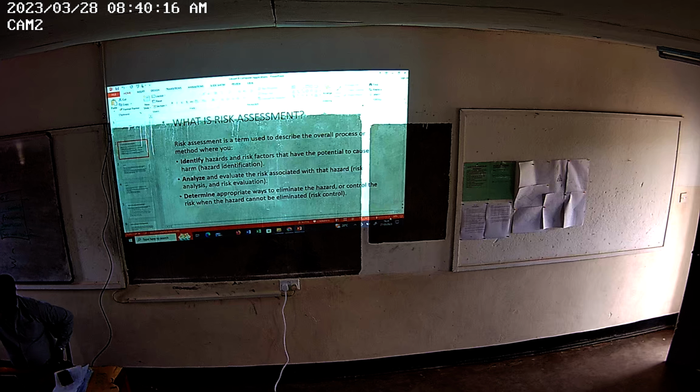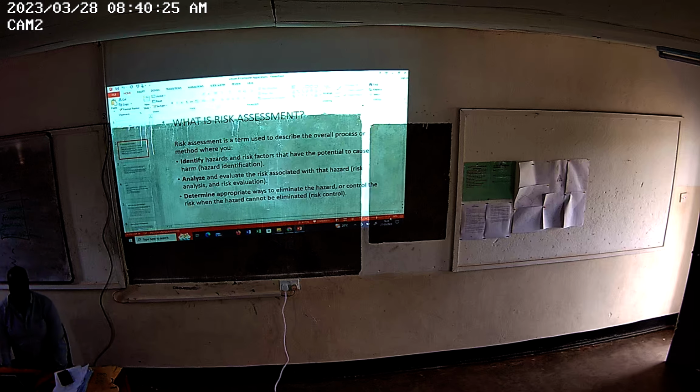So one of the ways of minimizing that risk is by insuring your gadgets. Okay? They will replace or refund you, depending on the value which you declare.